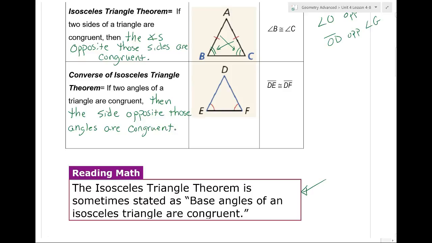So now it starts out just the converse of what we're doing. I have those two lovely angles marked, which means automatically I know this side and this side are going to be congruent to each other.